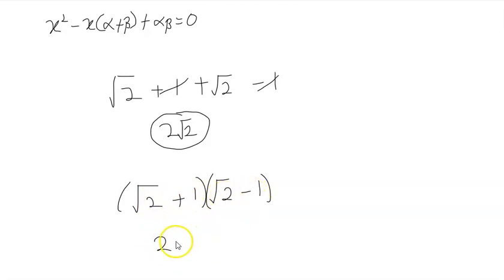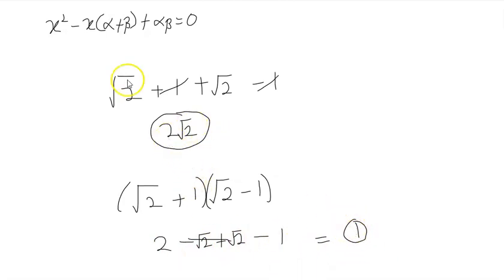Root 2 multiplied by negative 1 will be negative root 2. 1 multiplied by root 2 will be positive root 2. Then negative 1 multiplied by positive 1 would be negative 1. So negative root 2 plus root 2 cancels out. So 2 minus 1 would be 1. So it means this is the product of our roots.